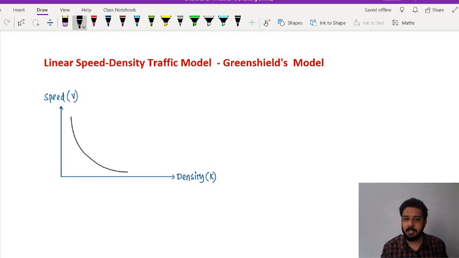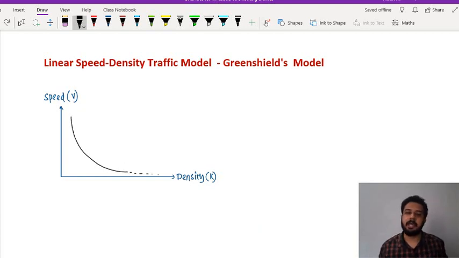For example, if this is happening practically, it's going like this and it's going like this, right? If I consider a very small value of density, how much speed am I getting? It's going to be infinity. Will it be practically possible? Infinite speed? Not possible. So there were a lot of disadvantages for such models.